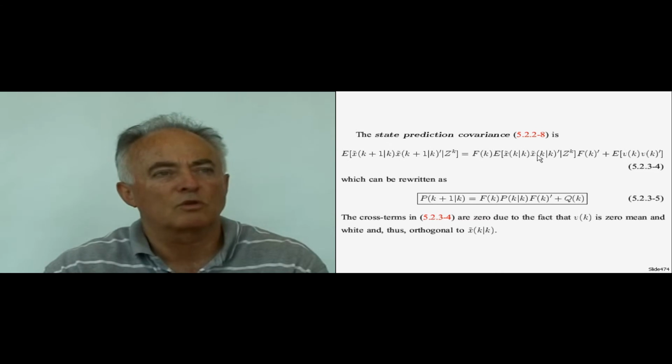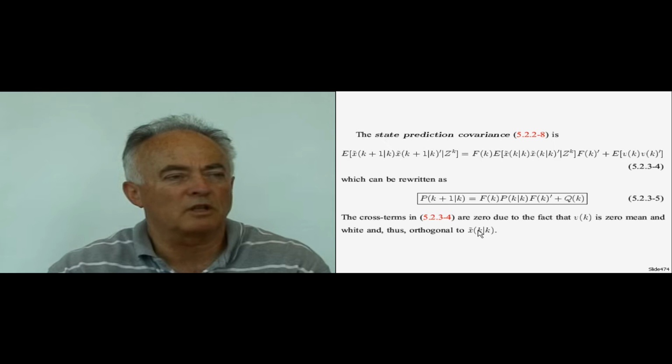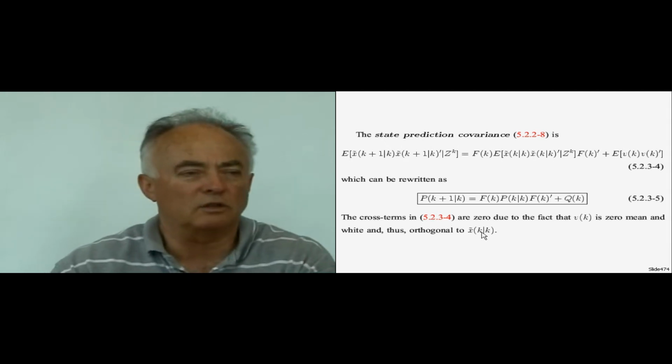This transposition caused a reversal of the order of these two terms. And there's an E of vk vk prime that gives a Qk. There's an fk pkk fk prime. The sum of these two terms is pk plus 1 given k. And again, the cross terms are 0 due to the fact that vk is zero mean and white, and therefore it is orthogonal to x tilde kk. Remember, x tilde kk contains observations up to time k and process noises up to time k minus 1, because this is how x tilde kk was created.